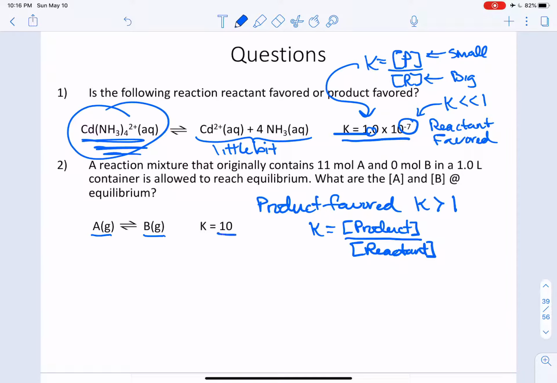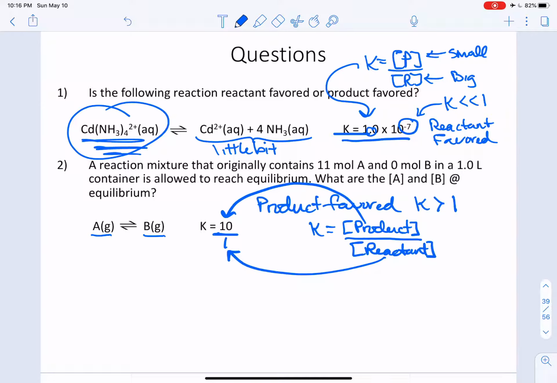So what's the denominator on 10? It's 1. Does that make sense, you guys? 10 divided by 1 is just 10, right? Okay. So K is the number at equilibrium. So what we have is the concentration of the product at equilibrium divided by the concentration of reactant at equilibrium.